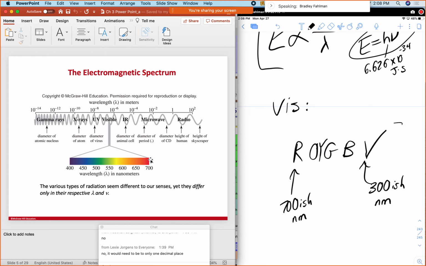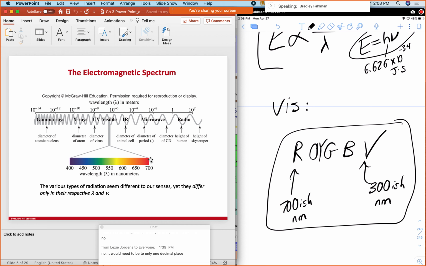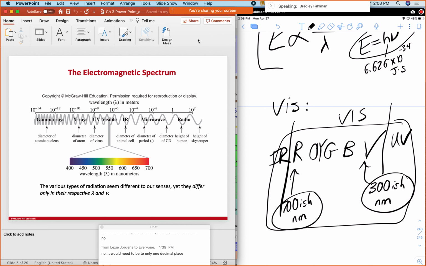At this end is where UV is, at this end is where IR is, and this is visible. Those are the only numbers I'm going to have you know roughly.